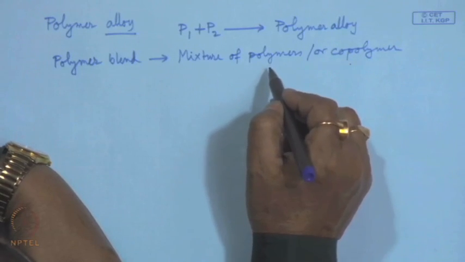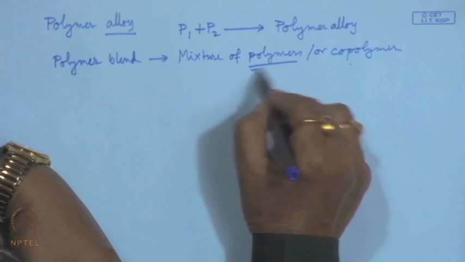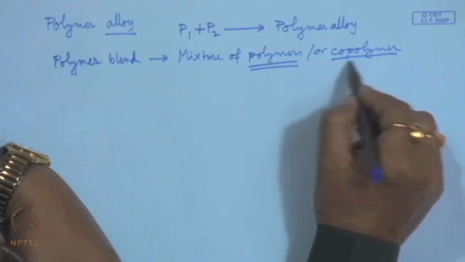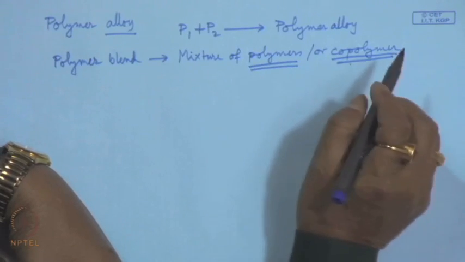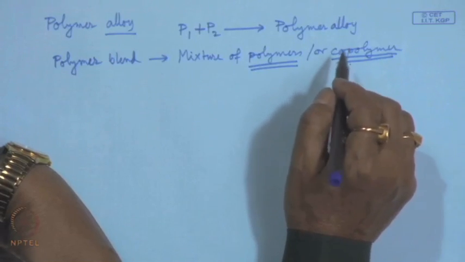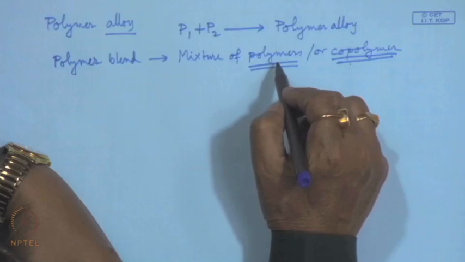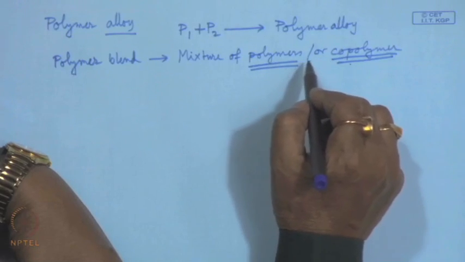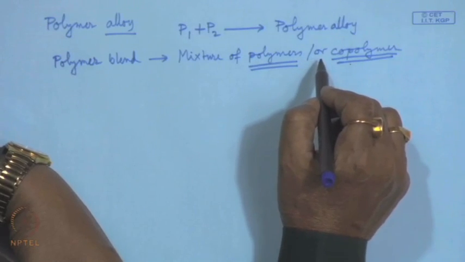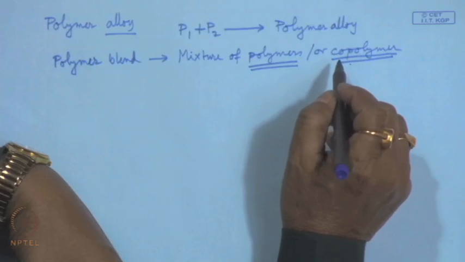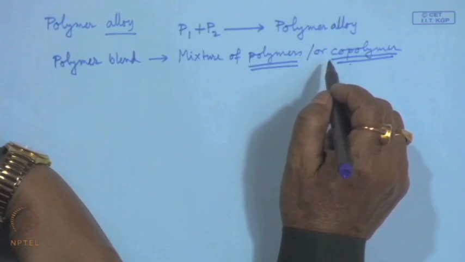So, polymer mixture, copolymer mixture or polymer copolymer mixture. These different cases, different blends of polymer and copolymer, constitute these polymer blends.